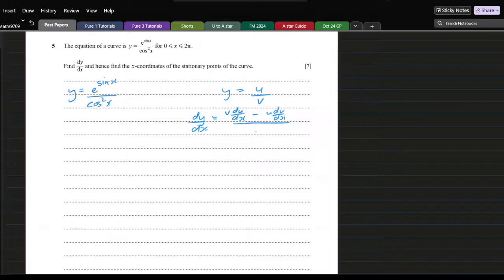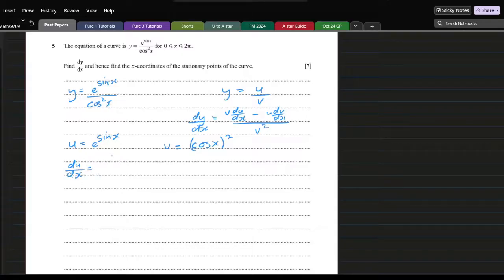over v squared. So here we can say let our u be equal to e to the sine x, and then our v is the denominator, so that's cos squared x, but I'll write it this way because it's easier to differentiate when it looks like that. Let's find our du/dx.